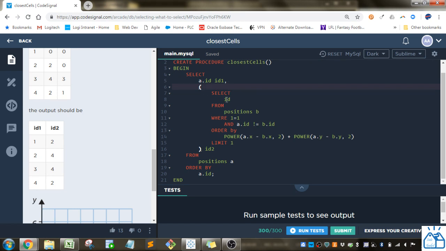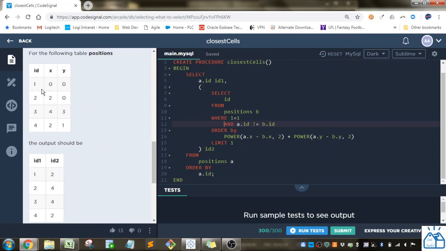In this statement I'm going to select the ID from the positions table again. Just so they're not confused, I put A and B, so A is the outer one and B is the inner one. And then for the where clause, I'm going to make sure that A is not equal to B, because obviously the closest one to the first one in this table is going to be itself. It's going to be 0 distance away, so we got to make sure they're not equal.